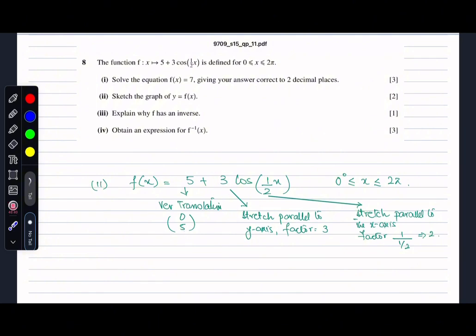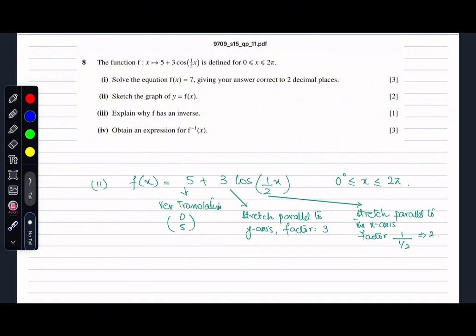This 3 is the stretch parallel to the y-axis, and the factor here has to be 3. The 1/2 x means this 1/2 is the stretch parallel to the x-axis, and when the stretch is parallel to the x-axis, the factor needs to be 1 divided by b, therefore it's 1 divided by 1/2, and the factor then becomes 2 here.